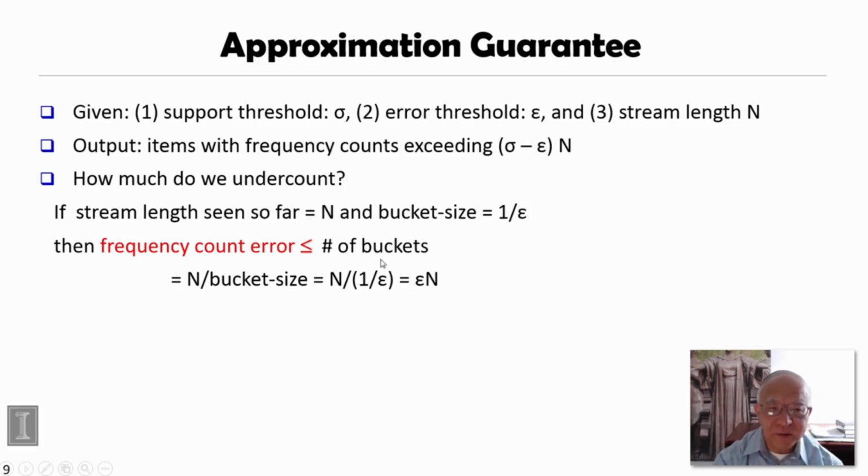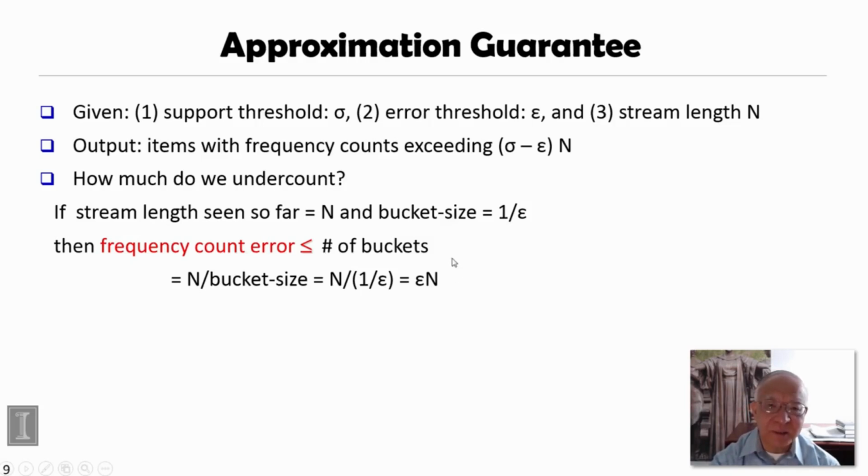Why? Because for each item, for every bucket, you decrease the count by 1. If some item comes even later, at the very beginning they did not come, you did not decrease them. So you decrease less than the number of buckets. If they come at the very beginning, the first bucket, and stay all along the way, you will decrease the count by the number of buckets.